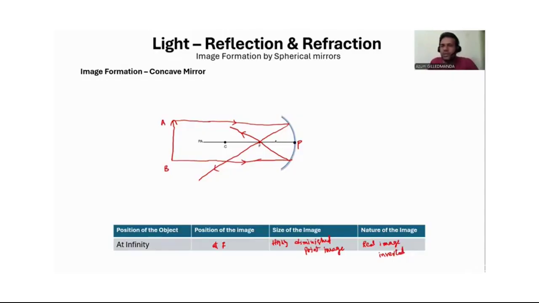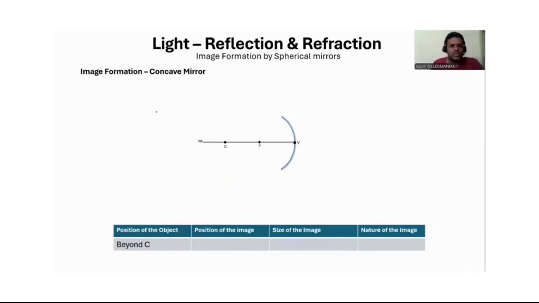If you look at your face on the concave side and on the convex side of the spoon, when you look at the concave side, you will see your image inverted, upside down. So in a concave mirror, the images that we get are real and inverted. Understood? Okay, now let's look at the next scenario.